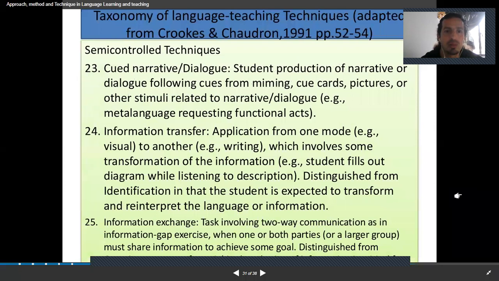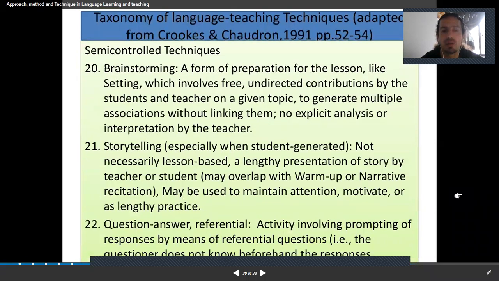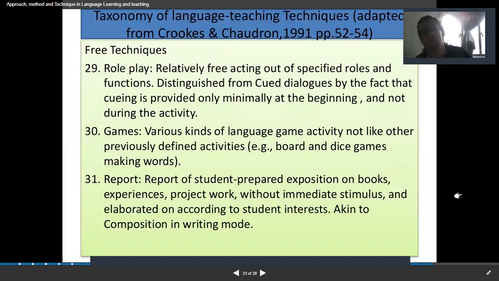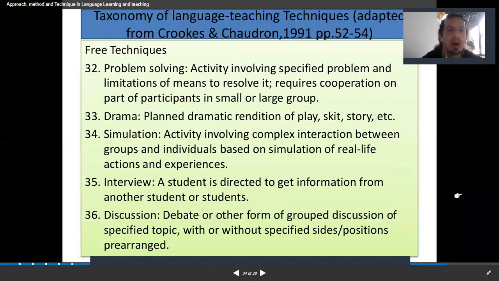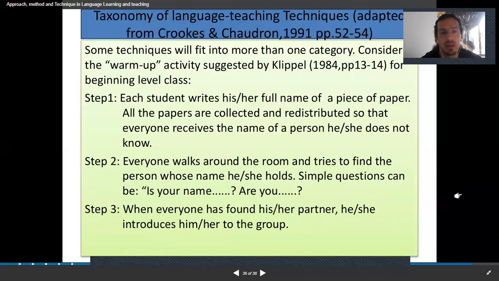These ones were related to control techniques, semi-control techniques, right? And these free techniques: role plays, games, reports, problem solving, drama, simulation, interview, discussion, composition, and apropos techniques.